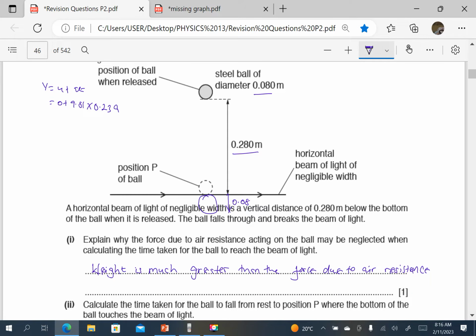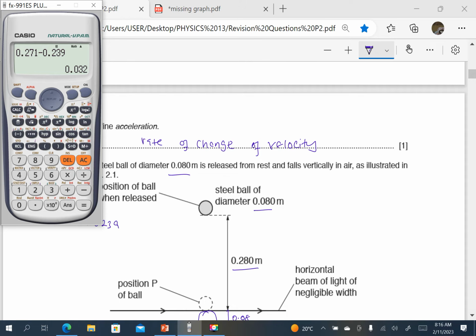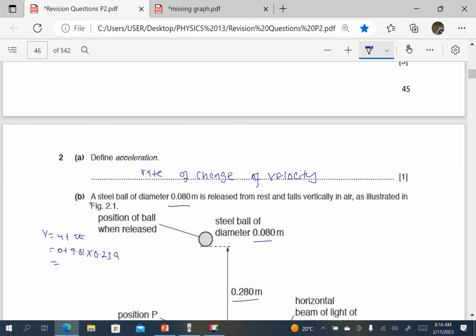So let's find that velocity. 9.81 times 0.239 is 2.34. So the velocity with which it arrives at the beam is 2.34 meters per second.